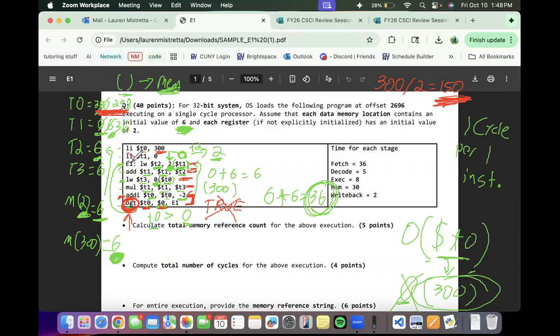This doesn't require it, this doesn't require it, this doesn't. Boom, t0 is changing. These two instructions are the only ones I care about. That's the way I would approach these kinds of questions. I can't guarantee it's going to be like that, but there's a pretty high chance that you only need to care about a small subset of the actual instructions.